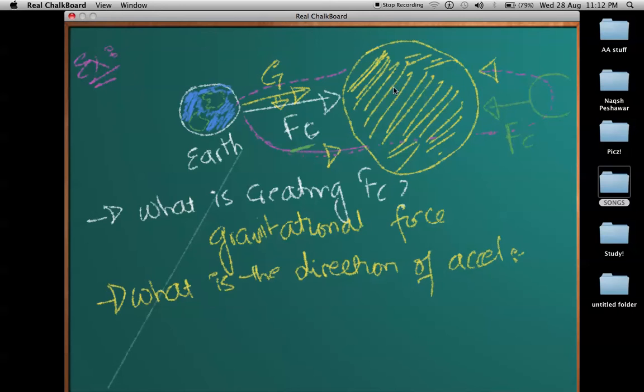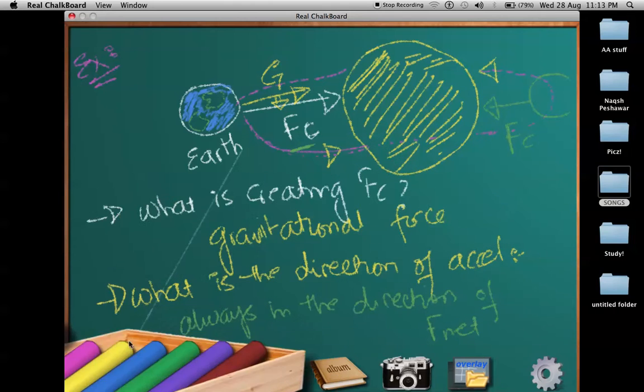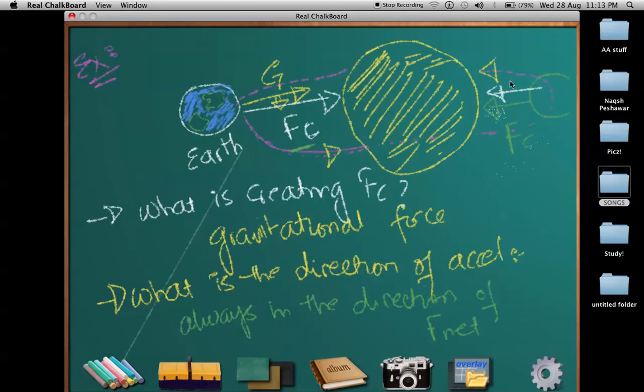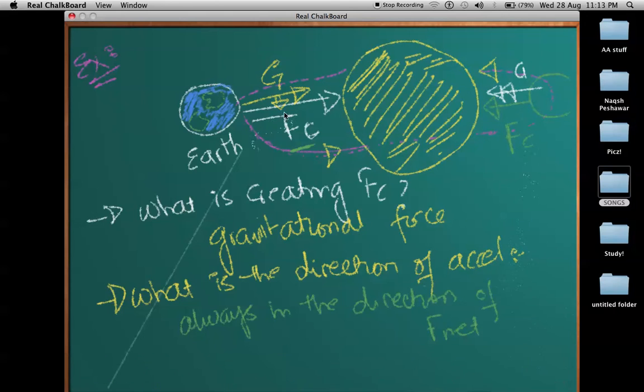When the Earth is here, the centripetal force will be in this direction. We know from our previous concepts that the direction of acceleration is always in the direction of the net force, F net. And here, the centripetal force is the net force. So the direction of acceleration will also be towards the center in each of the cases. Here, this is the direction of acceleration. If it was here, it would still be in the direction of the net force.